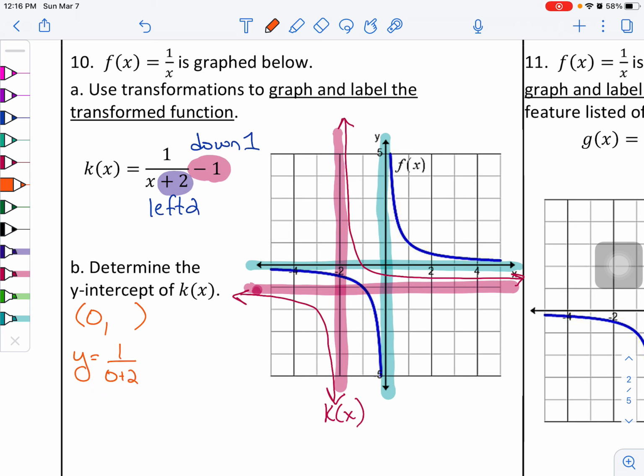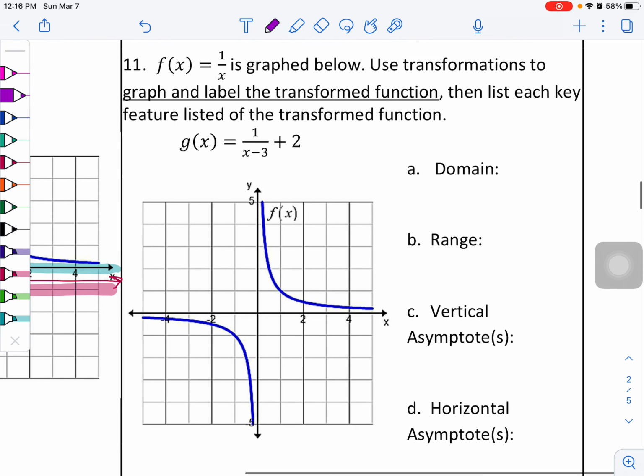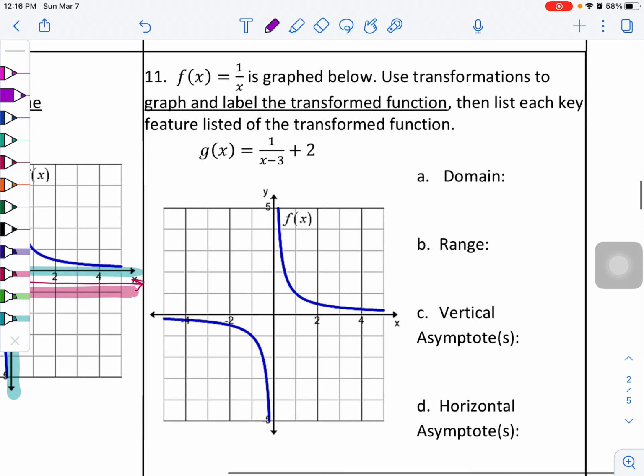If I remember that a y-intercept always has an x value of 0, I can replace x with 0 and solve the problem that way. So 1/2 minus 1, yes, that is in fact negative 1/2 or negative 0.5. So there's my y-intercept. All right, so that's problem number 10, all nice and done.